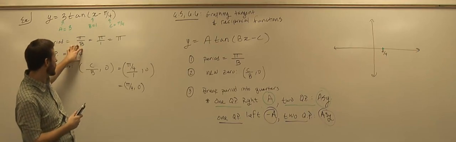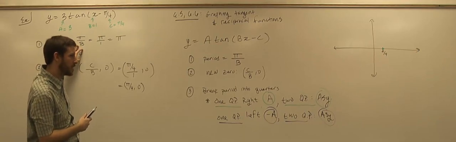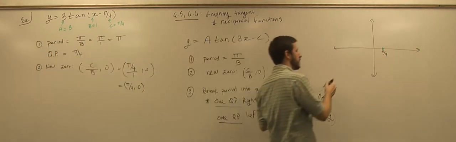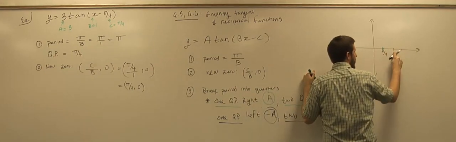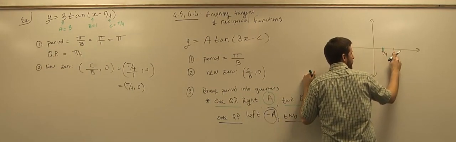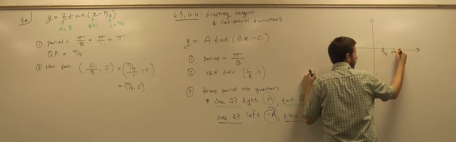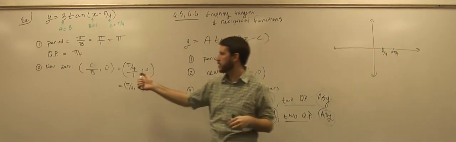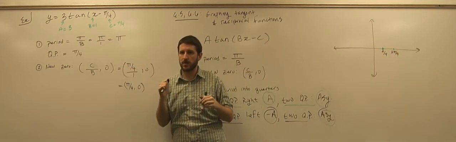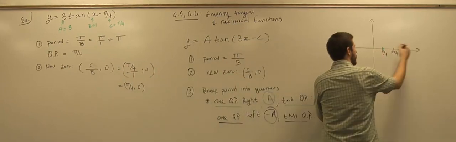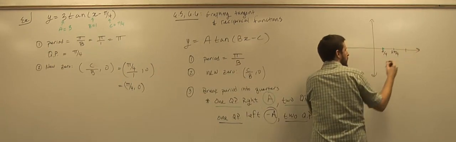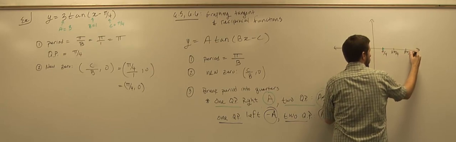But I'm going to go ahead and mark out 2 quarter periods each way. So if I go a quarter period to the right, what x value do I have? Pi over 2 or 2 pi over 4, right? Because you just add a pi over 4. And if you go another quarter period to the right, you have 3 pi over 4.